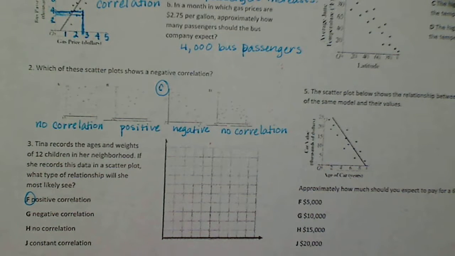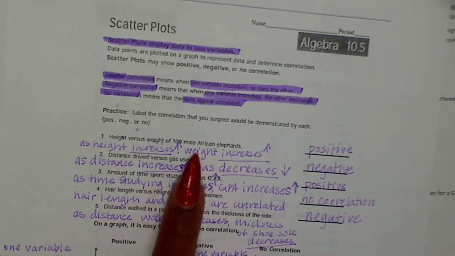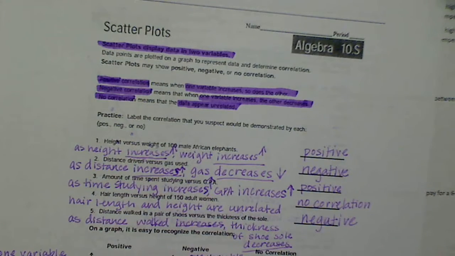The same thing yesterday when we used the example of the African elephants about their height and weight. As height goes up, their weight goes up, because elephants aren't eating Takis or ice cream or things that are bad for them. They only eat when they're hungry, and they're only eating the natural food that was created for them to eat.